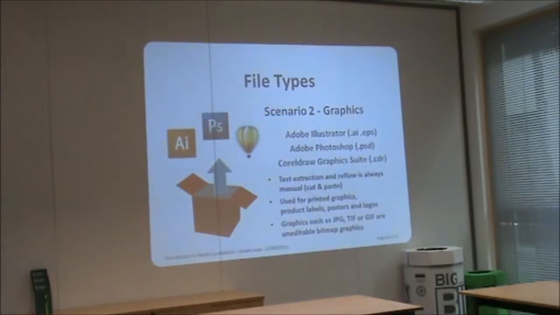Now, EPS stands for Encapsulated PostScript File. It was designed originally as a file that was sent to printers. It was a way of printing graphics out of a printer, and it was the first sort of file that was established to do that.